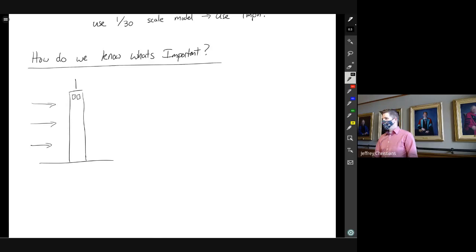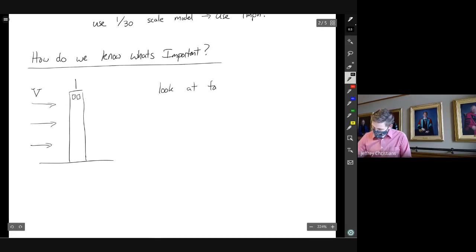Generally a good thing to do. We have wind blowing at some velocity. One way that we could do that is test a whole bunch of different conditions, change all of the variables, and then see how changing each individual variable changes the forces acting on our building. So we could look at forces by changing all the important variables.